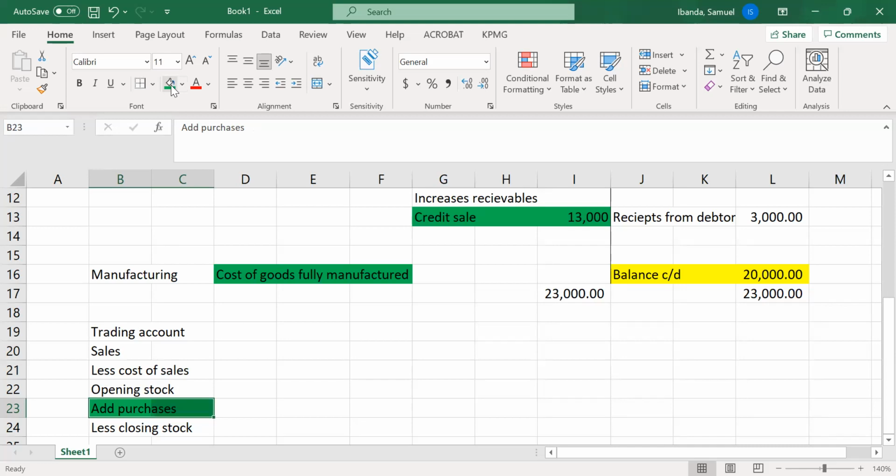The reason is that whatever we sell, we don't purchase; whatever we sell, we manufacture. So wherever there is the word add purchases, it is replaced by the cost of goods fully manufactured. That is one of the things you need to first picture in your mind when doing your trading account.